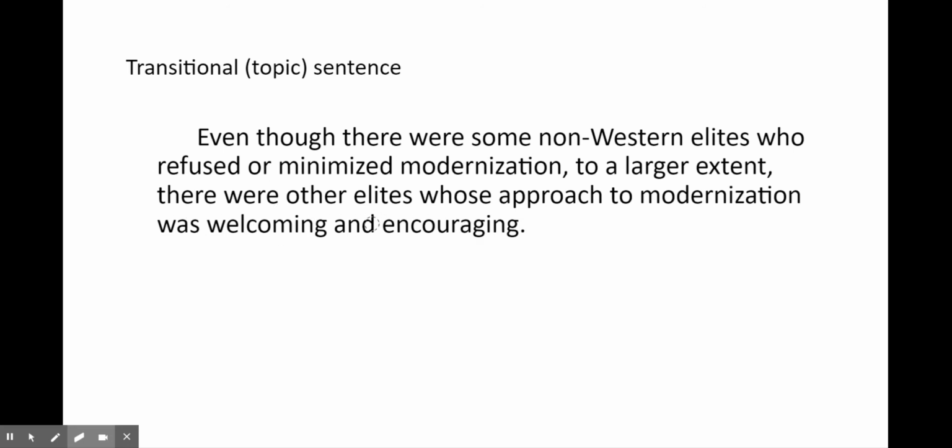So the rest of this essay is going to be welcoming and encouraging to a larger extent, because there's more of these people that were like this than there were that were negative. So there you go. This is my way of also introducing complexity. I'm staying complex. I'm not writing like Frankenstein, where I'm just putting down words that go with the actual documents, but I'm trying to make this thing tell a story, a very good story, by the way.